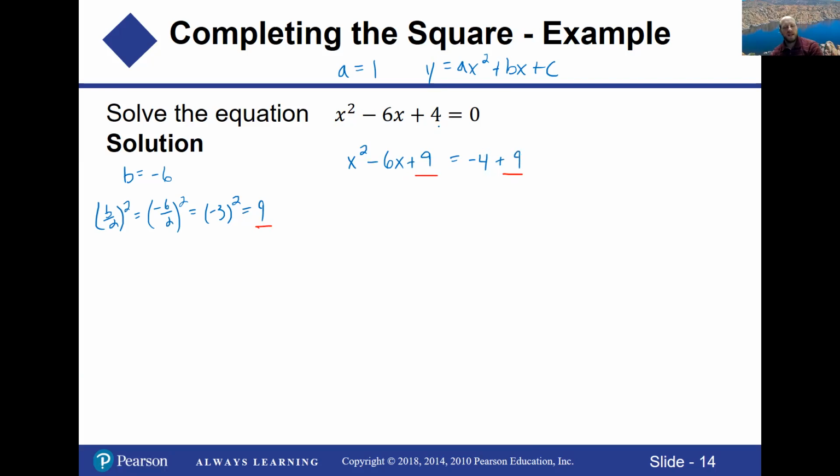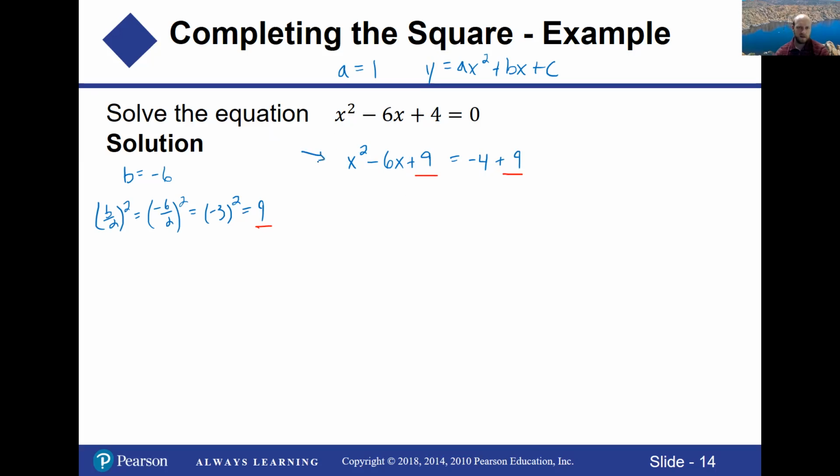So I didn't change this equation at all. I took this 4, moved it to the other side, and then all I simply did was add 9 to both sides. This equation is still the same thing as I started off with, but I'm completing the square in order to get a perfect square trinomial.